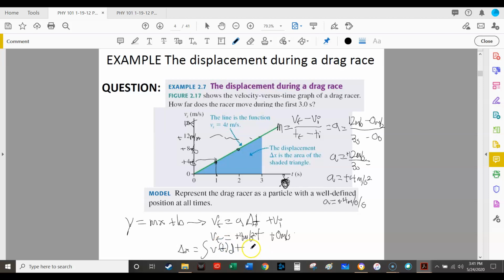So rather than doing this whole linear equation, which is 4 meters per second squared times t plus 0 meters per second, dt, from 0 seconds to the 3 second mark, rather than integrating that, can't you just do the area of a triangle? If this is the same thing as the area under the curve, can't you just do the area of a triangle?